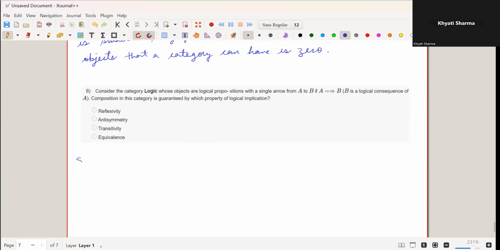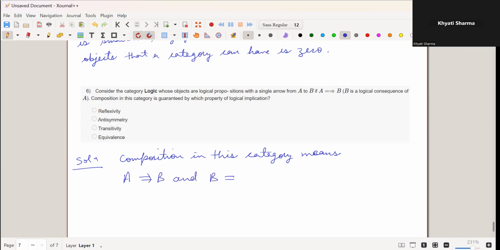So composition in this category means: A implies B and B implies C, then A implies C, right? This is the composition that is there.